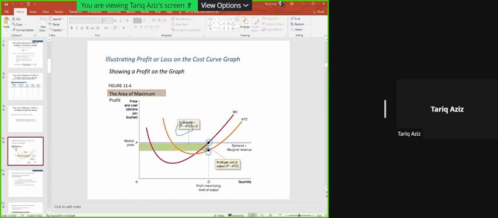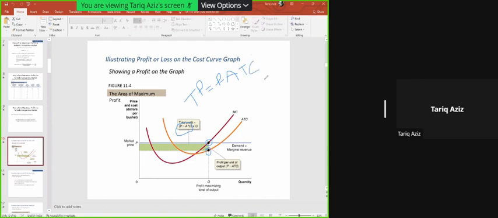And if we multiply that by Q, the quantity of units sold, that will give us the figure of total profit. So total profit is equal to price minus average total cost, ATC.